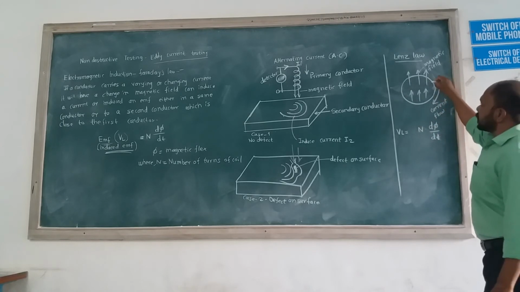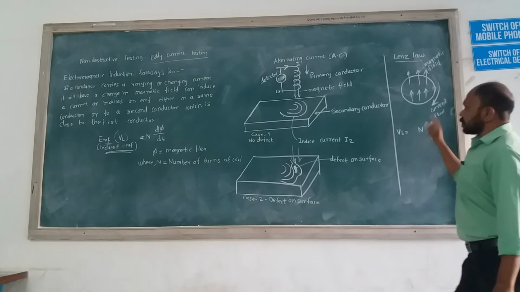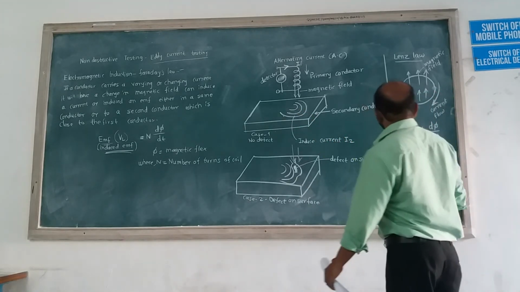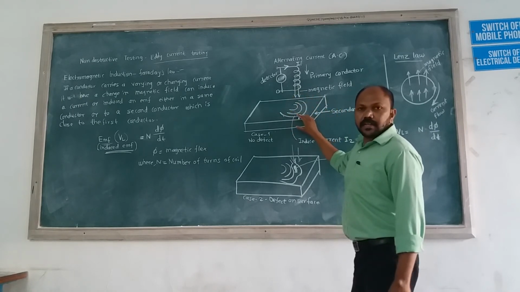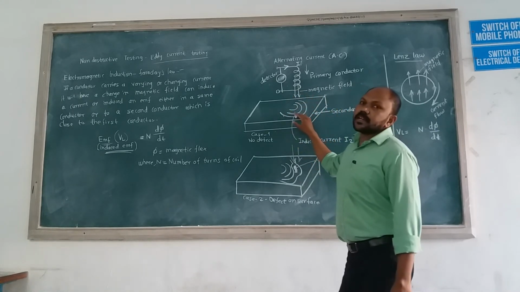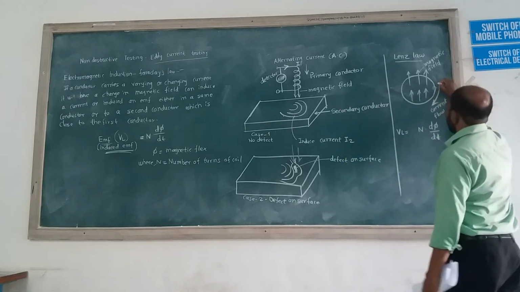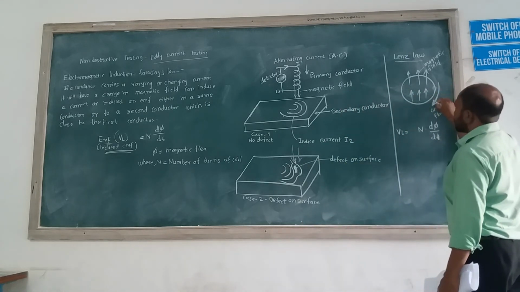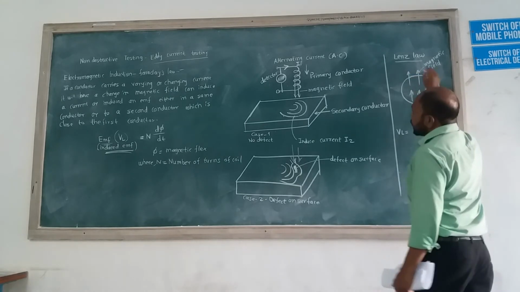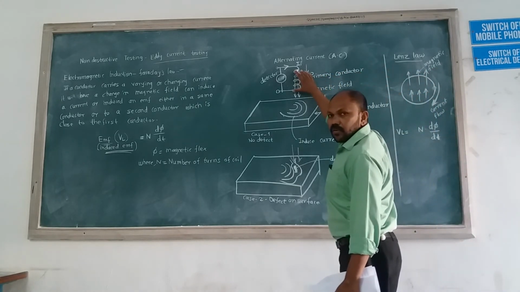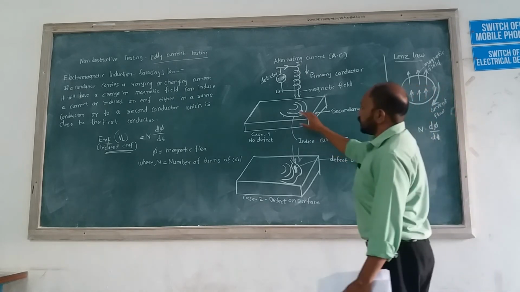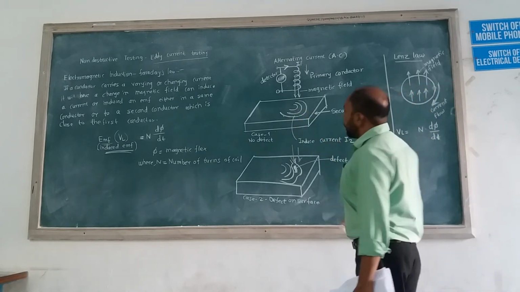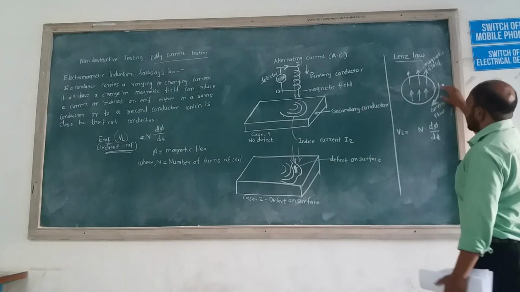Now if this enters through this second conductor and induced current gets developed in this direction, this magnetic field is related to the primary or first conductor, and this current is related to the induced current. Now the induced current is like this.